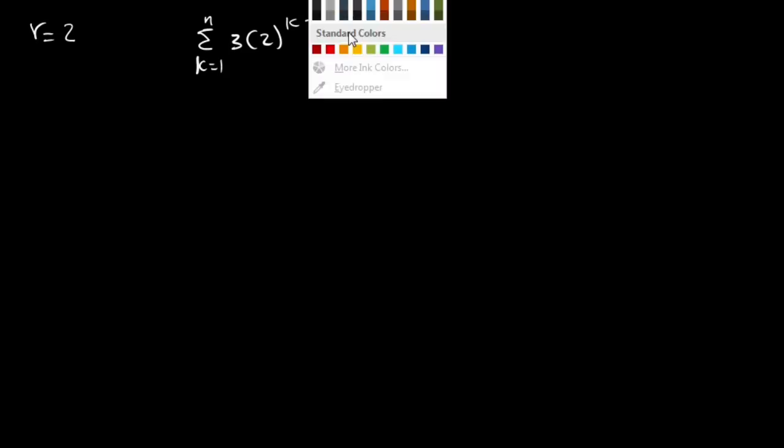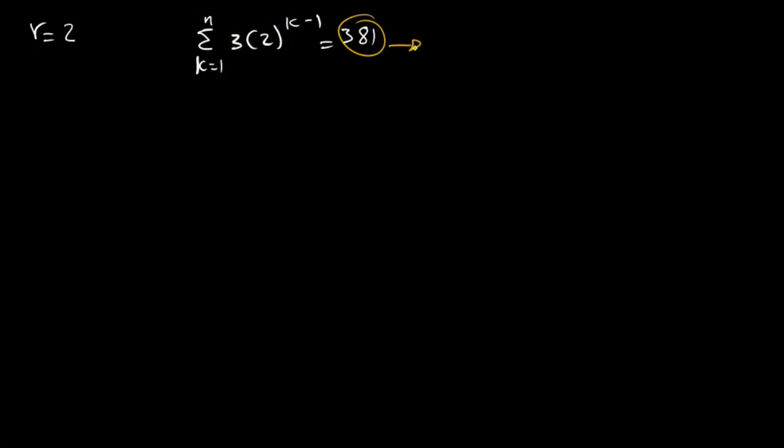From the previous slide, we know that the value of R is equal to 2, and then the sigma notation, k equals 1 to n, of 3 times 2 to the power k minus 1, equals 381. We did establish this is Sn, the sum of this sigma notation or the sum of the series.